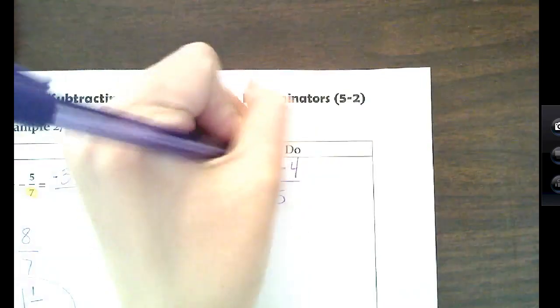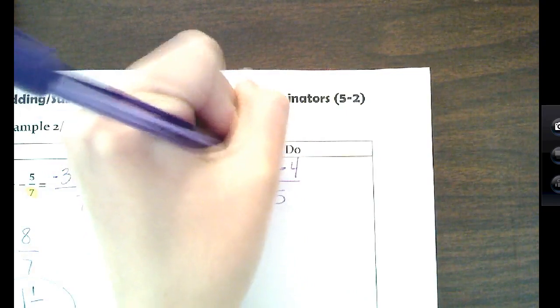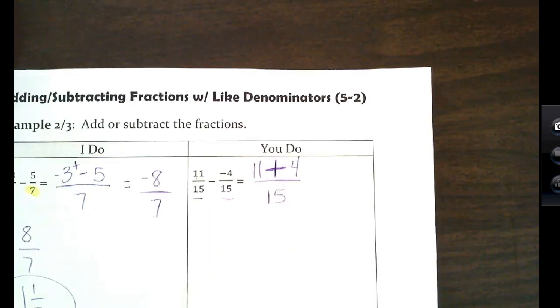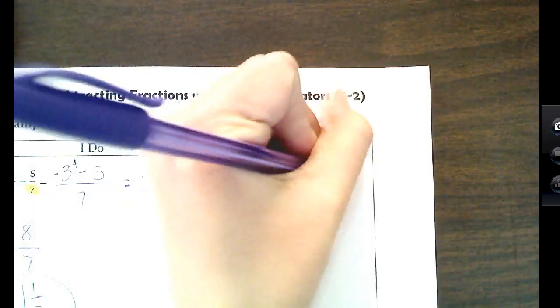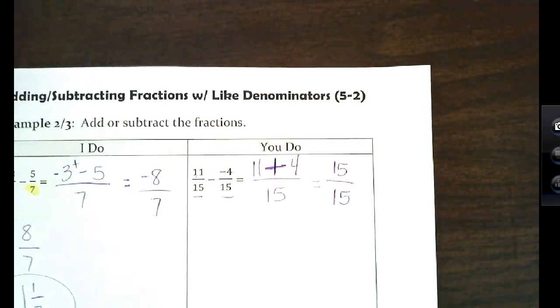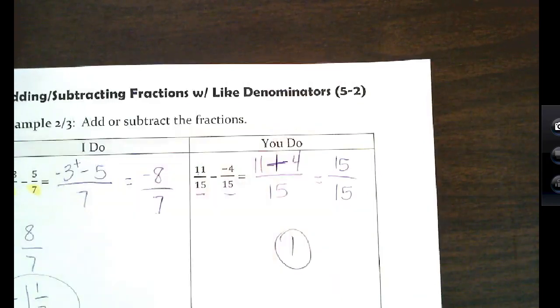You remember doing that giant plus sign? When you have two negatives, make that giant plus sign. And then what is 11 plus 4? 15. So we get 15 over 15, actually, because our denominator is still 15. What's 15 divided by 15? 1. So our final answer for this question is 1.